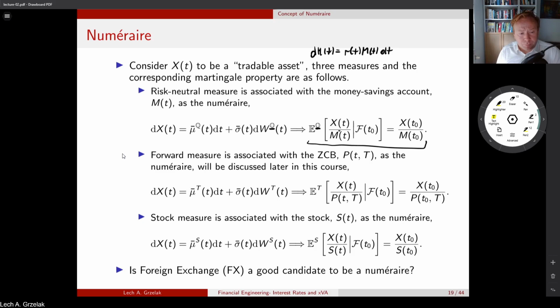Another measure, more important in an interest rate world than in a stock world, is the measure associated with a zero coupon bond. A zero coupon bond is a derivative which pays exactly 1 unit at the maturity time T. Later in the slides, we will go into more detail about how it is defined, but this is just a simple contract that you buy today, typically below 1.